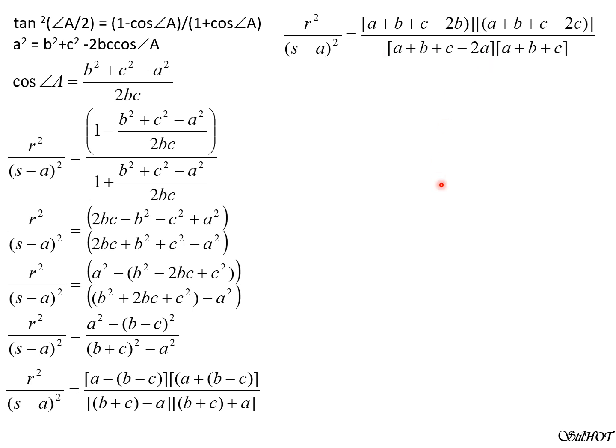So copy the left side and replace a plus b plus c with 2s in the right side. And we factor out 2, factor out 2. So we cancel 2, 2, and this 2 here, leaving in the numerator, r squared over (s minus a) squared equals s minus b times s minus c over s minus a times s.